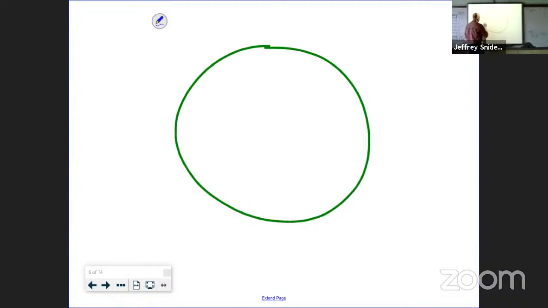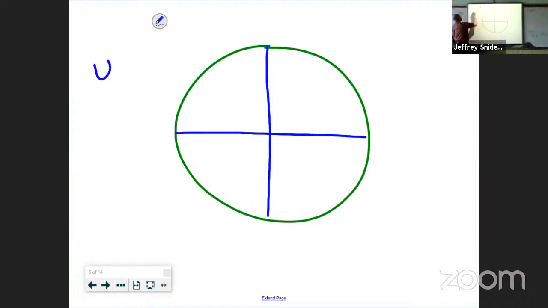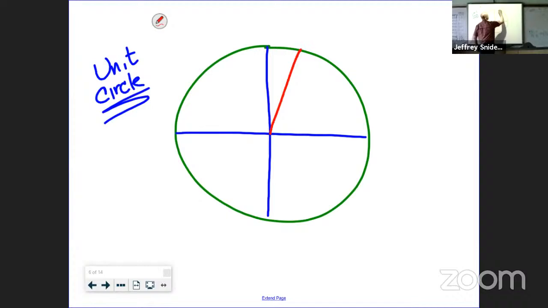right. So if I have this circle, let's say this is a unit circle. Okay. And I draw an angle here, theta. And I want to find x and y.